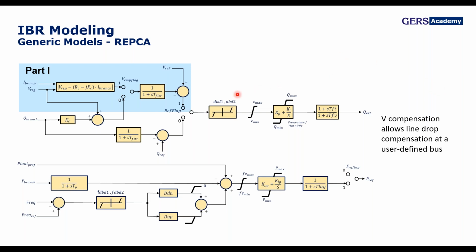The first one is the voltage compensation using a line drop. So you will receive, as I mentioned before, some voltage and current signals and move through this branch. It goes through a filter, passes through a deadband, and finally injects reactive power.